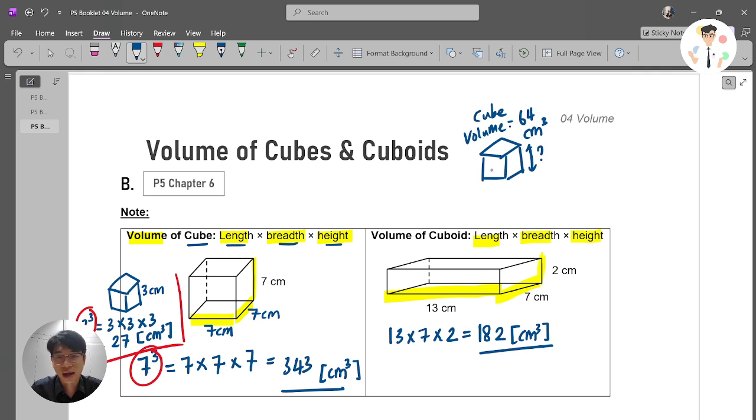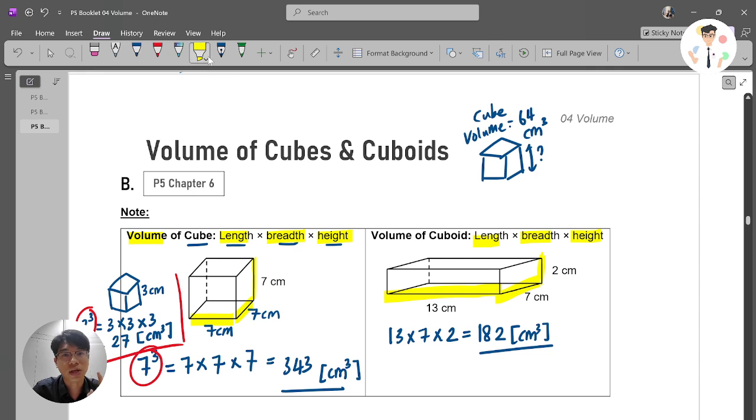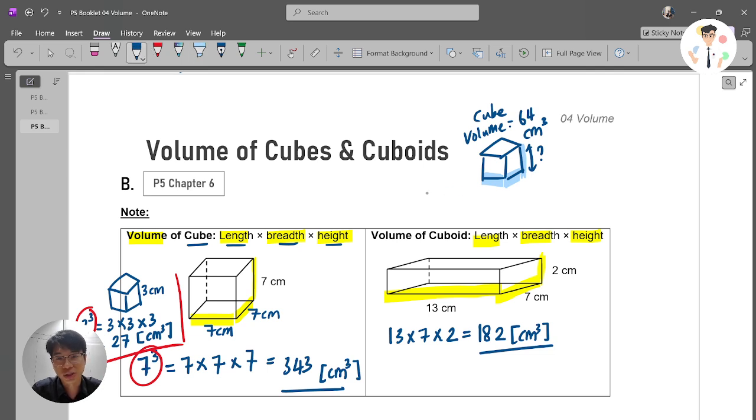Just like the area, when you need to do the reverse to find the side, the key idea we know is that a cube is this times this times this, and these three are the same. So you can take out your calculator, and you should see a sign like this. This is called cube root.